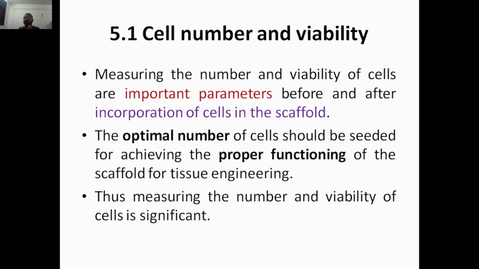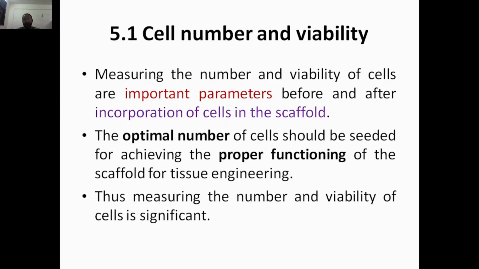That means we should know how many cells are required for kidney cells, and how many for liver cells, and we have studied that in the previous topics on cell number and growth rate. In a similar fashion, we have to understand what tissue or organ we are dealing with, how many cells are required, and what morphology is required. So here it is about the cell number. The optimal number should be there.